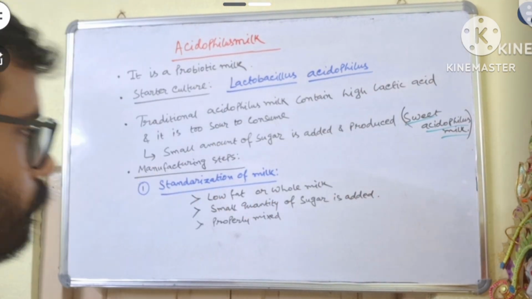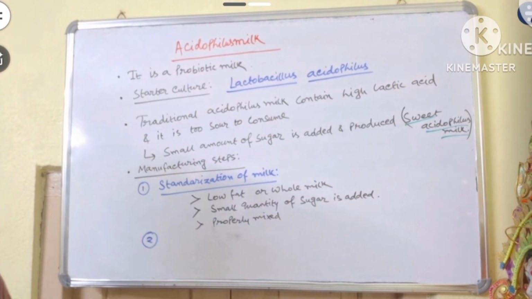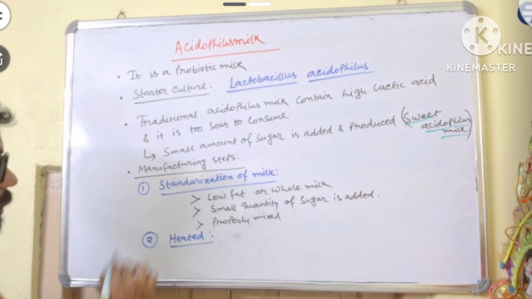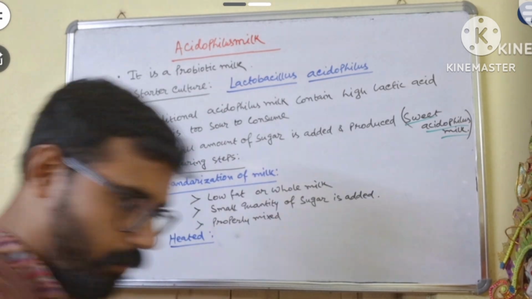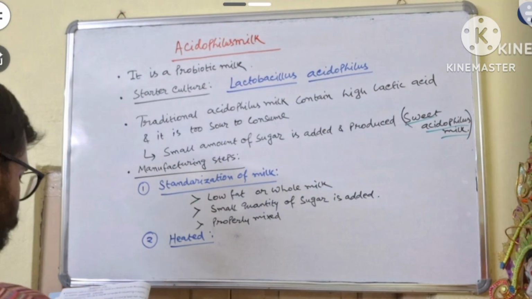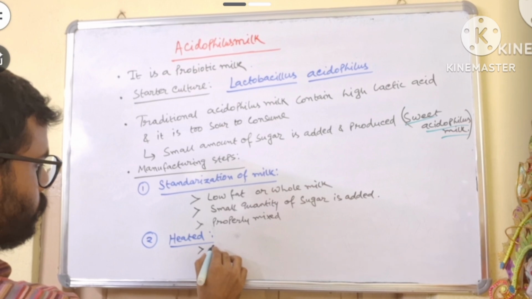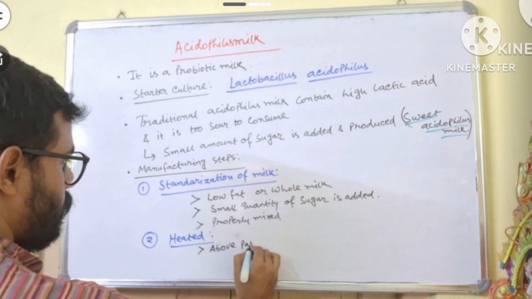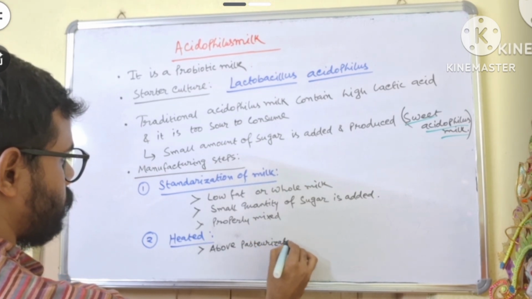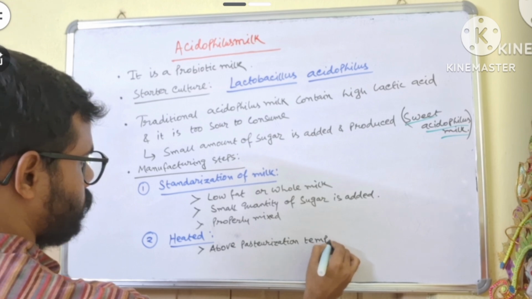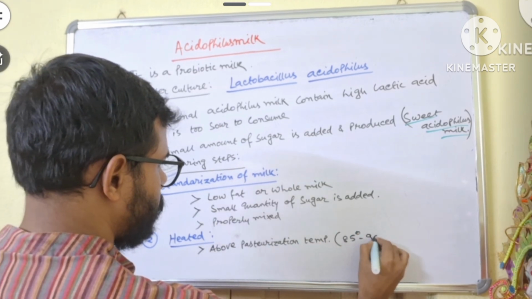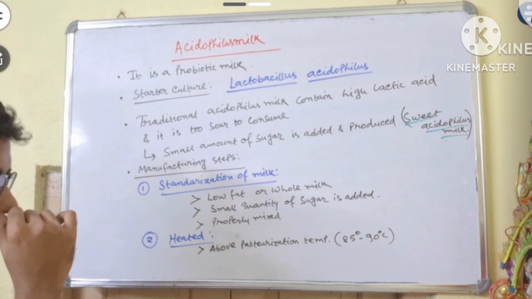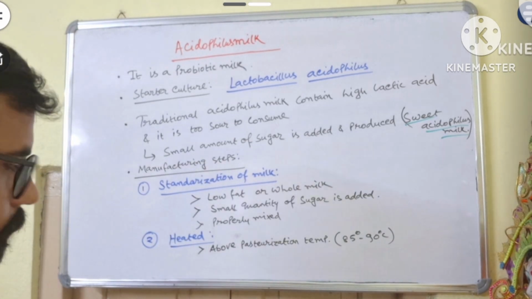Point number two, it should be heated. Same as buttermilk, heated above pasteurization temperature, 85 to 90 degrees centigrade, and the need for above pasteurization is the same simple logic as previous.